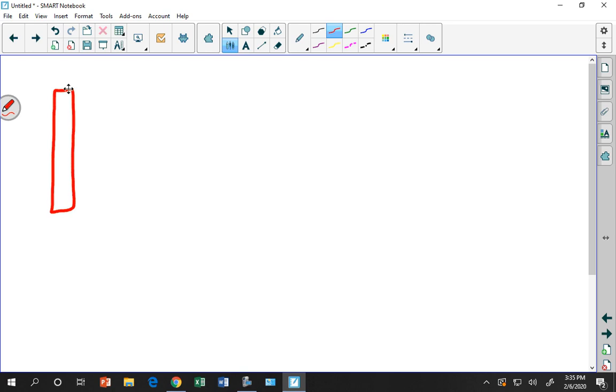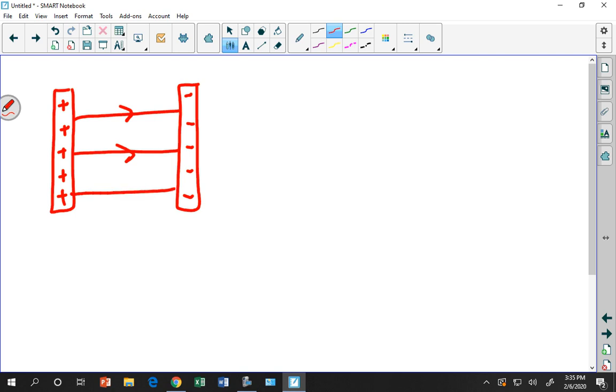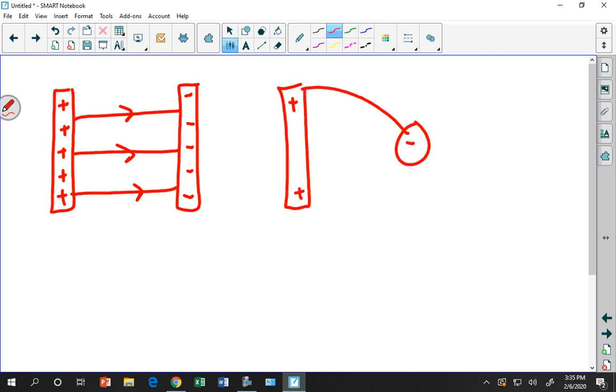So if I have two plates, this is easy. We did this. We've done these in class too, actually. If I have two plates, the field lines just go straight across. If I have a plate and a sphere, let's say this is positive, this is negative, the field lines go like this.